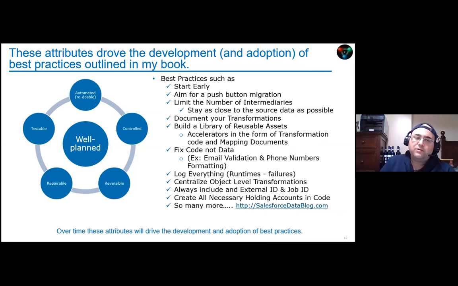You'll find that those attributes drive a whole set of detailed best practices, right? But the attribute is the why, and then the best practice becomes the how and the what, right? In the book, I think I go through 40 of them or so. I list a couple of them out here. I'll talk through 1 or 2 of them.